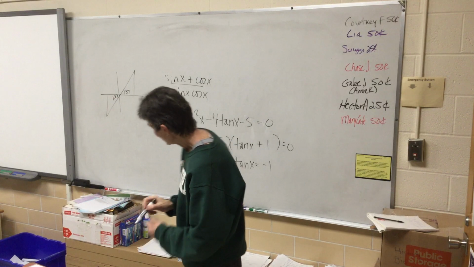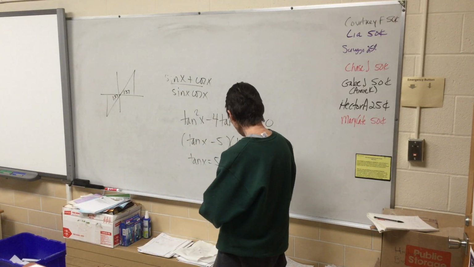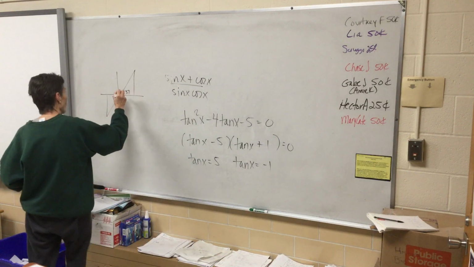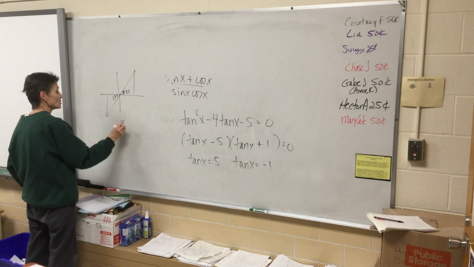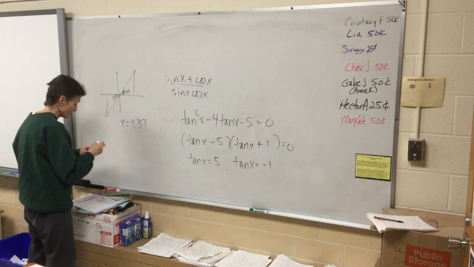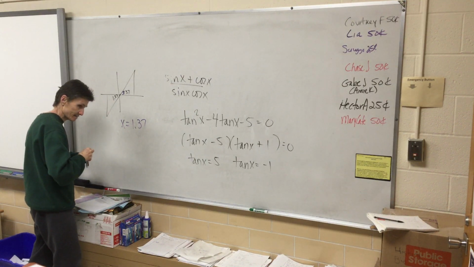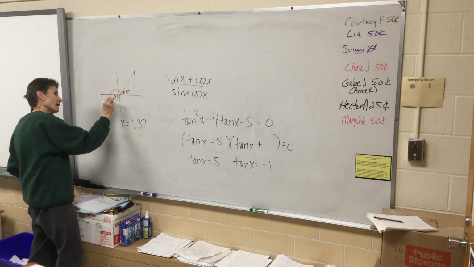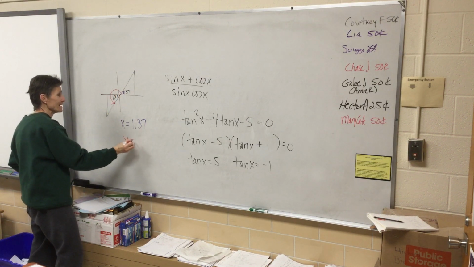Now I'm going to get 2 answers out of this, quadrant 1 and quadrant 3. My quadrant 1 answer is 1.37. Would you agree with that? Since it's in quadrant 1, that's it. How am I going to find my quadrant 3 answer?